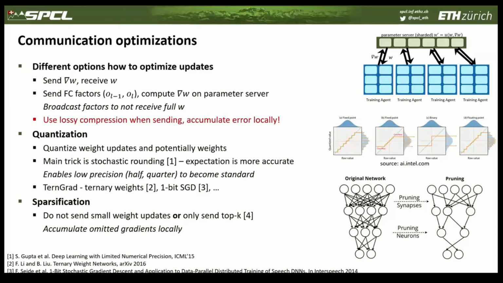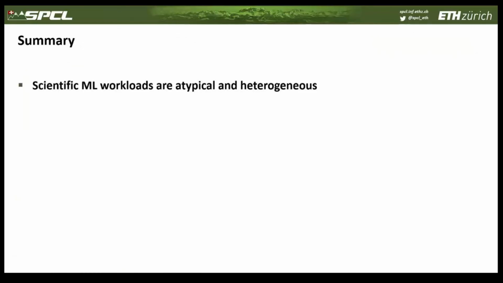The same thing you can do for sparsification. You can now communicate not every weight, but only, I don't know, the top K largest weights, or there are other approaches here. And these all converge as long as you accumulate local errors. So all in all, scientific deep learning workloads and machine learning workloads in general change from problem to problem, right?